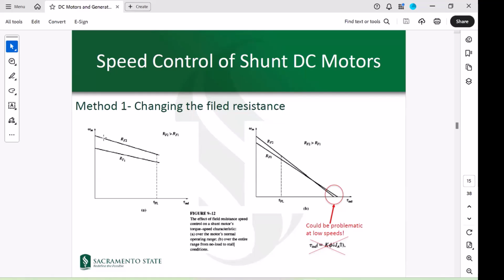That's the effect of increasing the RF if you plot the torque versus speed characteristic. Now, if you look at this characteristic on a larger scale, you can see that these two will intersect each other at very high torque values. Now you can see that the effect of these two gets reversed, which means that in this tau, which was K phi IA, now IA will not be dominant anymore.